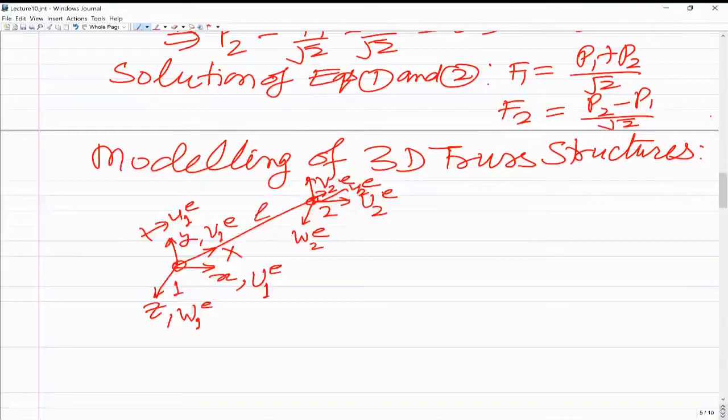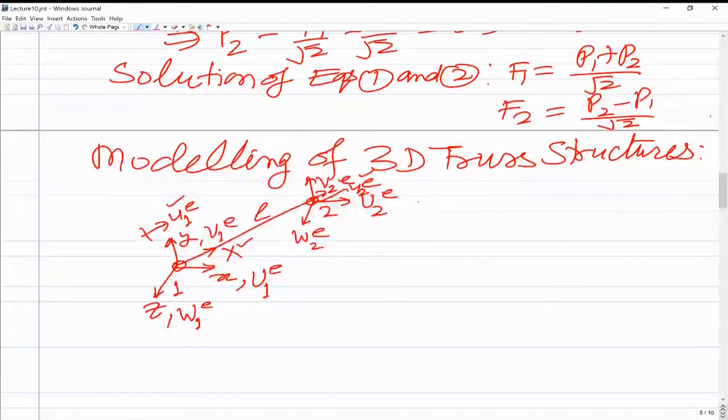Now, to write the transformation matrix, we need to express this small u1e and small u2e in terms of the displacements capital U1, capital V1, capital W1, capital U2, capital V2, and capital W2. For that, we need the orientation of the local X-axis with respect to the global x, y, and z coordinate directions.